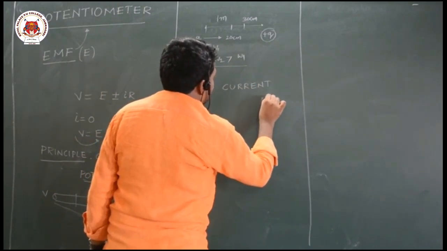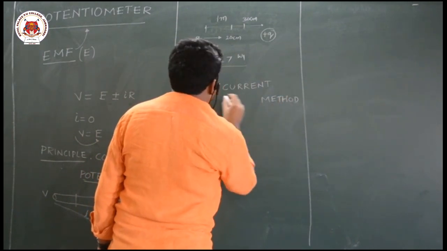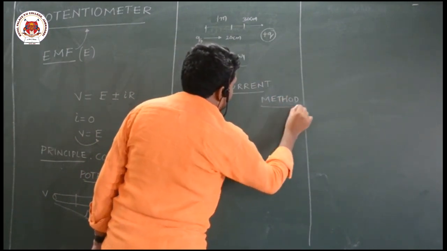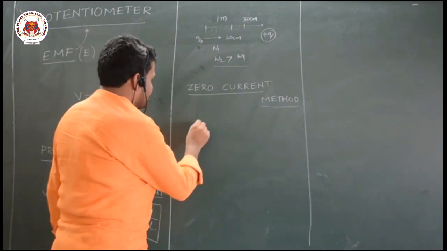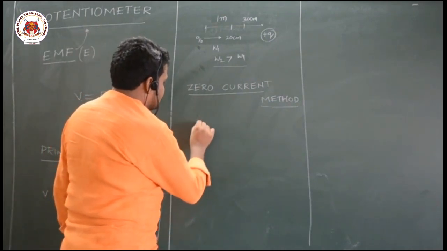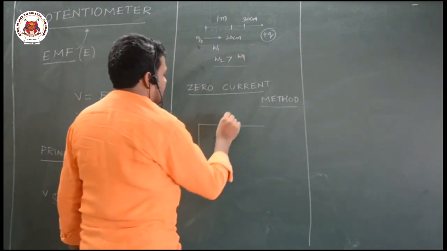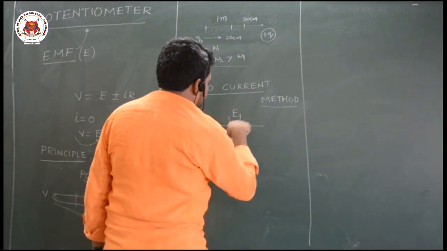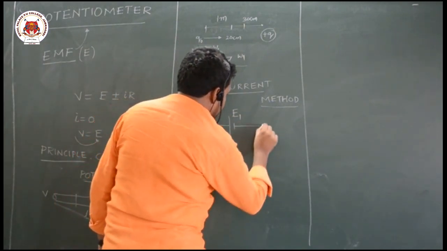It follows the zero current method to measure the EMF of a cell. What is the zero current method? Let us take two cells having EMF E1 and EMF E2.